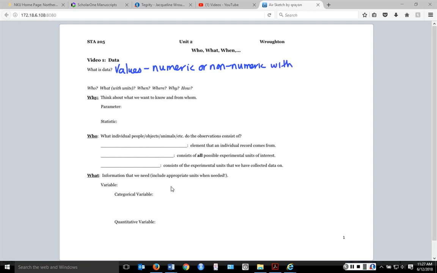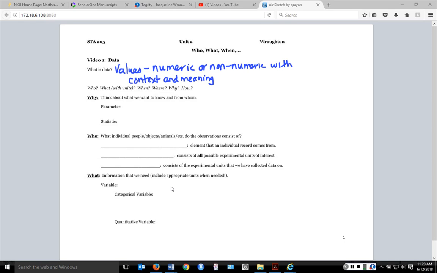And it's that last part, with context and meaning, that is very important to us in statistics. Because if we don't know what those values represent, there is really no point in us getting those values.